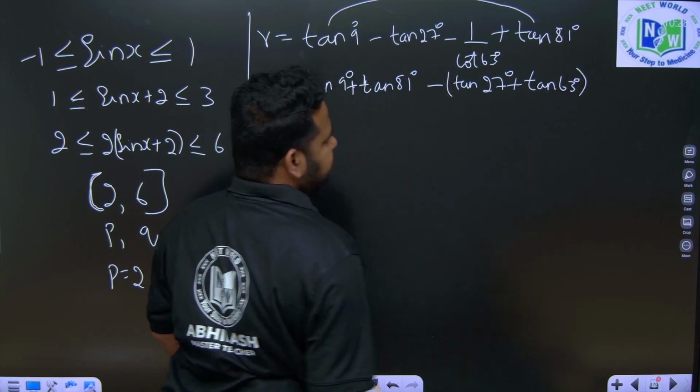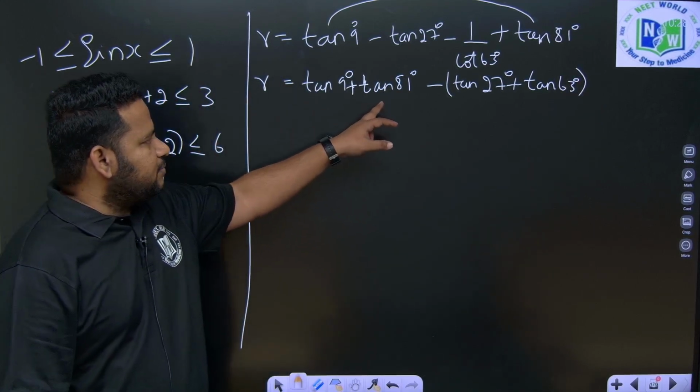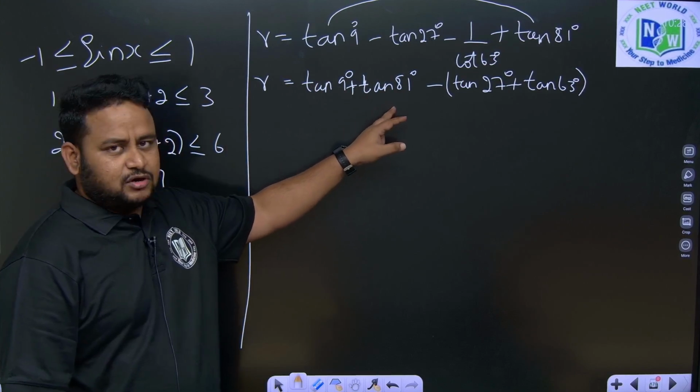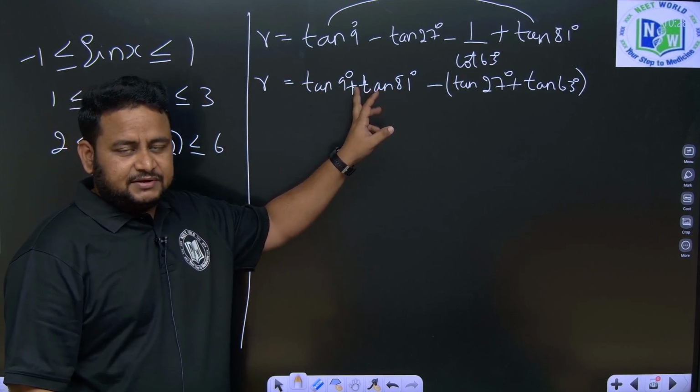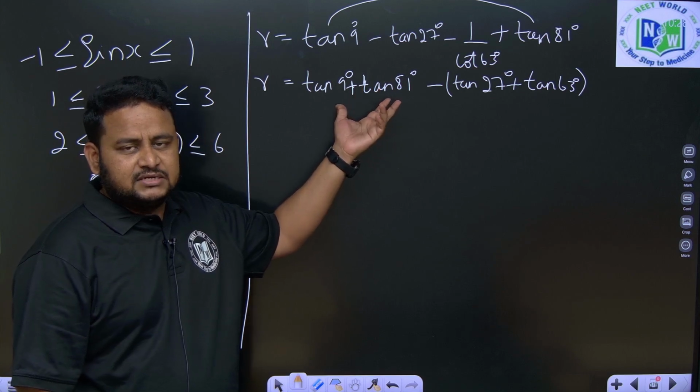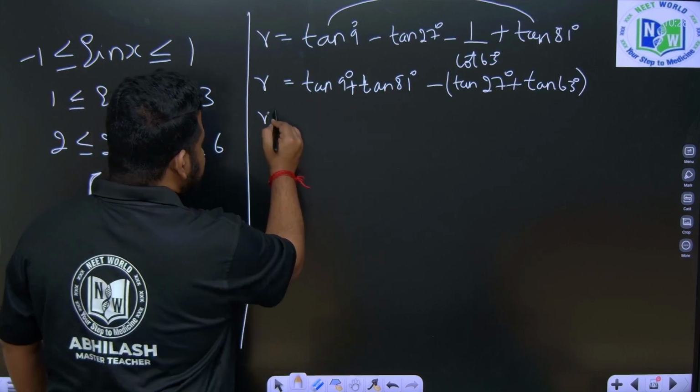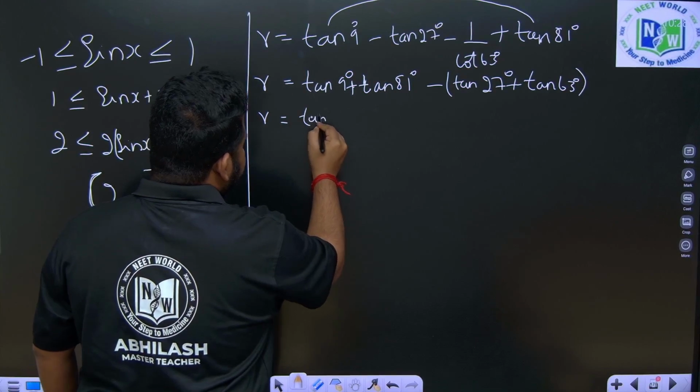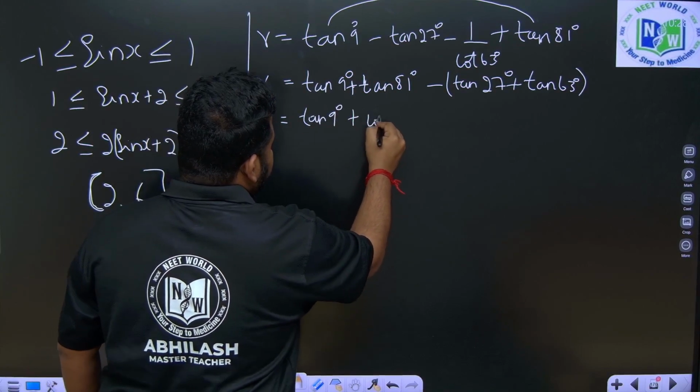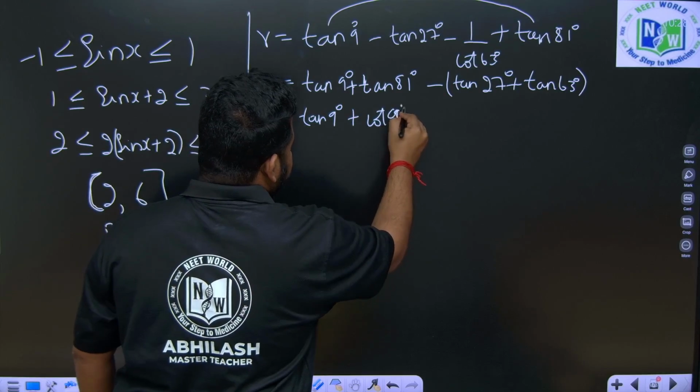If you look at the complementary angles, tan 9 degree and tan 81 degree are complementary. Tan 81 I can write as cot 9. So R is equal to tan 9 degree plus cot 9 degree, because of complementary angles.